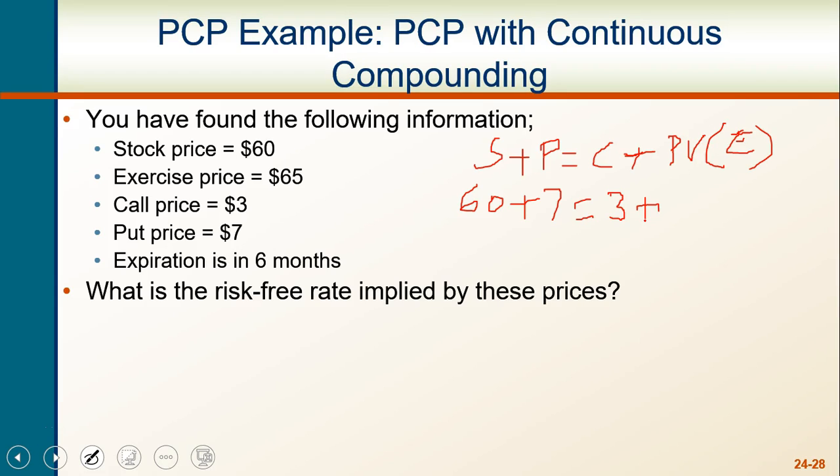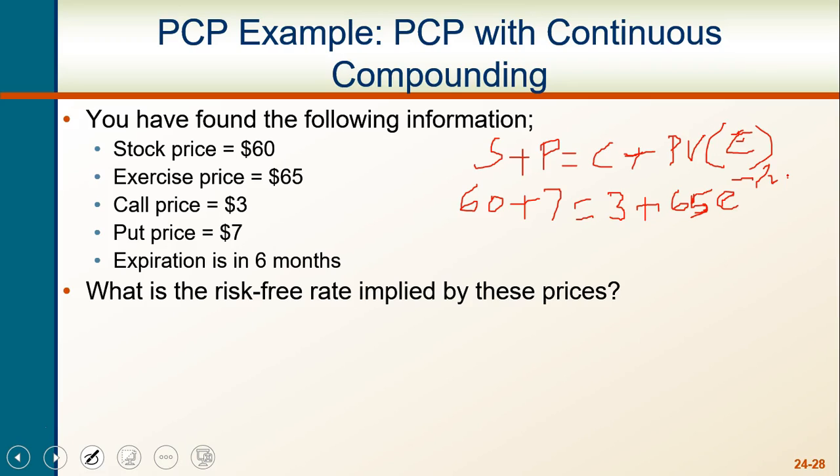So we write the exercise price E, which has a value of $65 here, and now we have to multiply this 65 by e raised to the power of minus R. R is something that we need to calculate, so minus R as it is, multiplied by time, and time is given to us as 6 months, which means half a year, because if you divide these number of months by the number of months in a year, you will get 6 over 12, and that is nothing but 1 over 2, and 1 over 2 is nothing but equal to 0.5.